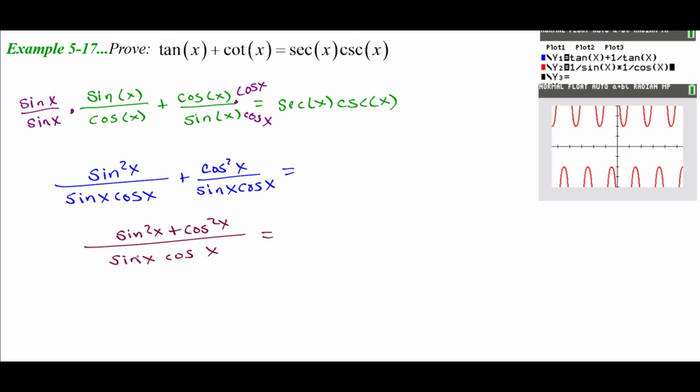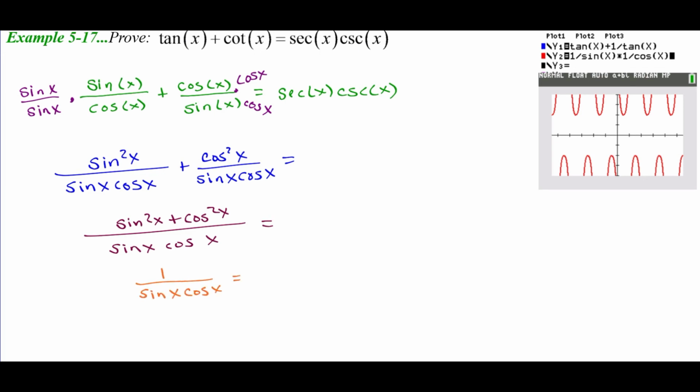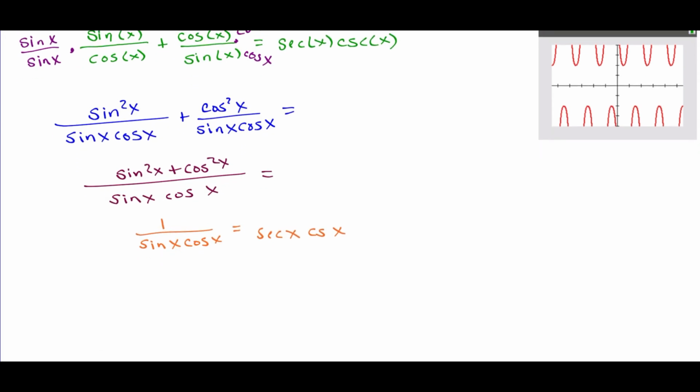Now I'm going to use my Pythagorean identity: my numerator, sine squared plus cosine squared of any angle, is going to give me 1. So this is 1 over sine x times cosine x. Remember, what we're trying to get it to look like is secant x times cosecant of x. I know those are reciprocal functions, so now I'm just going to rewrite this side one other way.